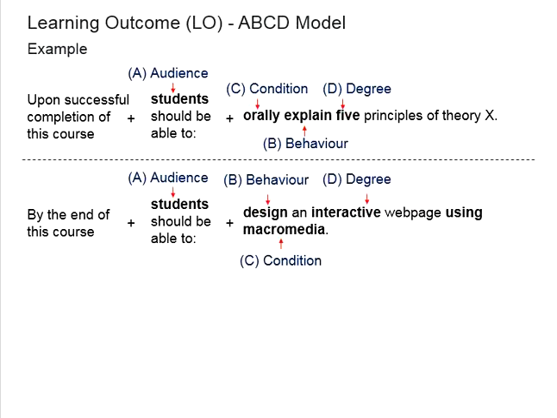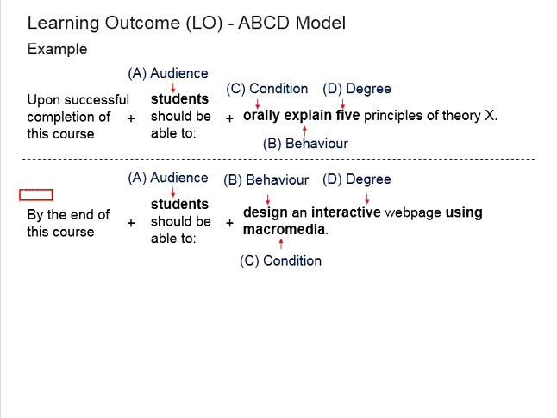Even though the website is not interactive, the student is still considered achieving the outcome as long as the website is functional. Now, if you do not specify the conditions, the students can use any software, not necessarily macromedia, as long as the students can produce the website. The student is considered attaining the learning outcome.